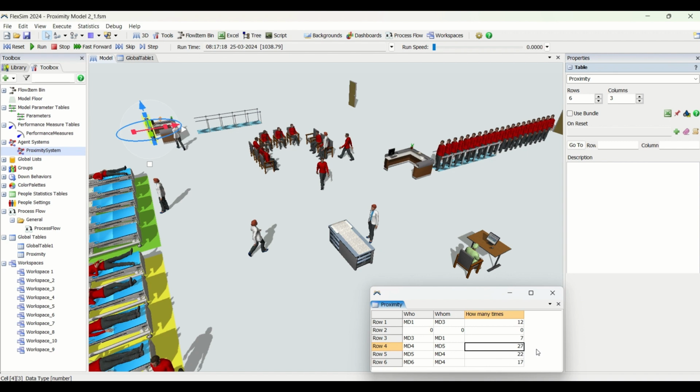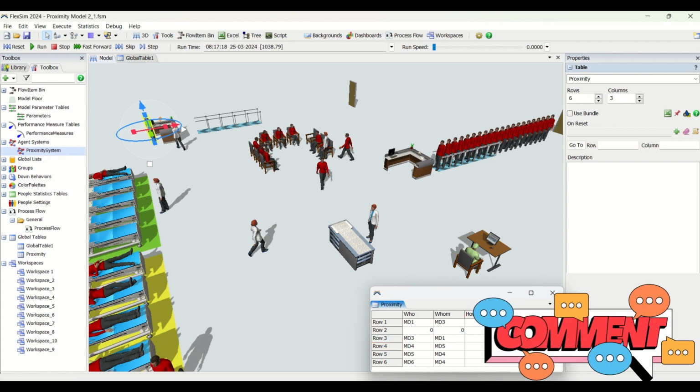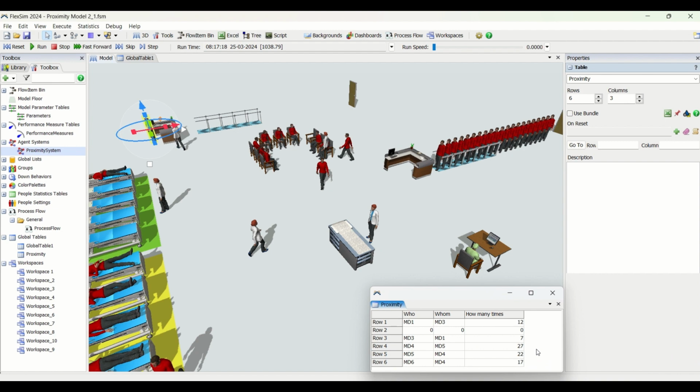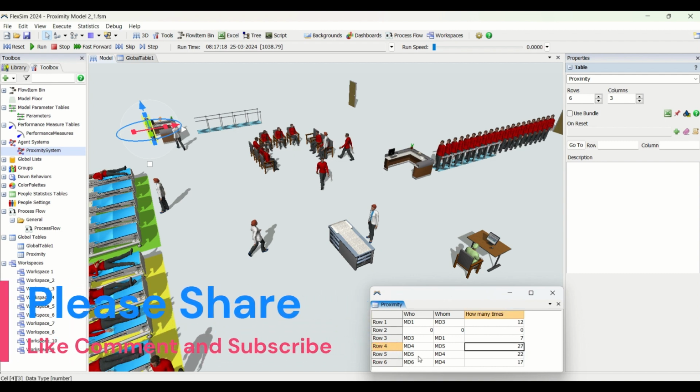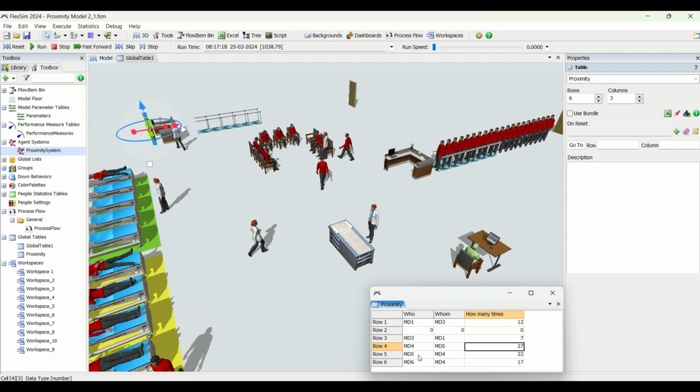This can be a great application of the proximity system capability in Flexsim simulation modeling, where you can analyze how many times your staff interact given this process flow or these paths in the hospital area, which staff get the highest interactions, which get the least, and many more applications you can find using proximity.